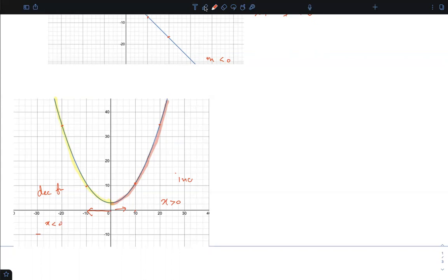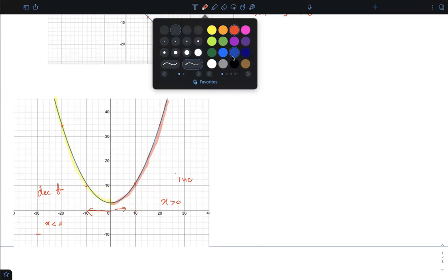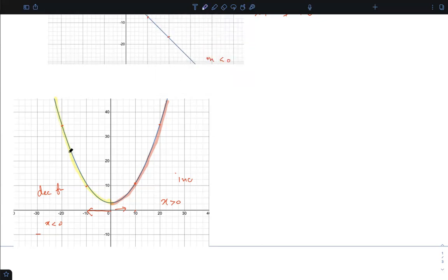But now let's talk about the gradient of these functions. If I take the interval when x is less than 0, where this function is the decreasing function, and try to draw a tangent on this line at this point, this tangent line is a line which is going down.